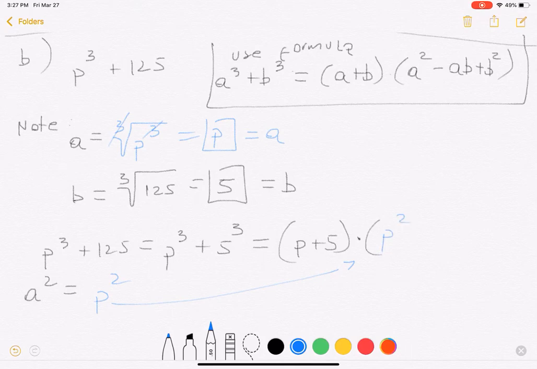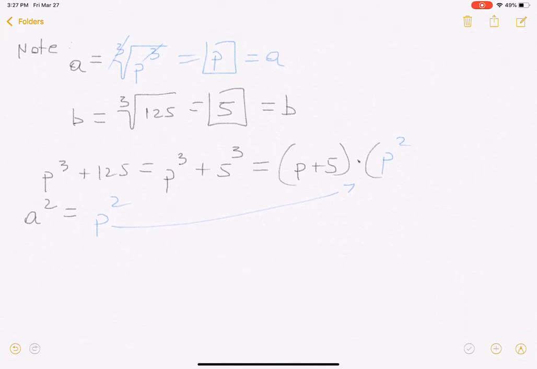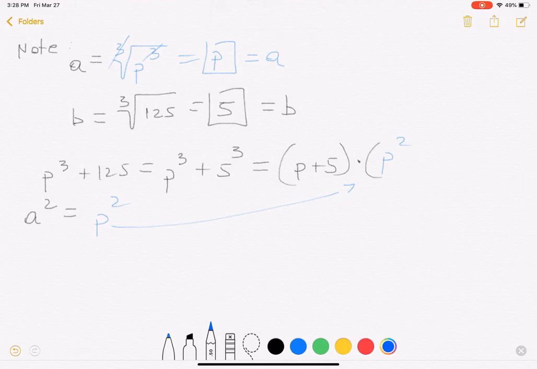Okay, now I'm going to evaluate negative a times b. So this is negative. In our case, a is p.